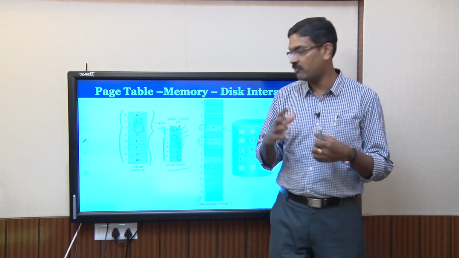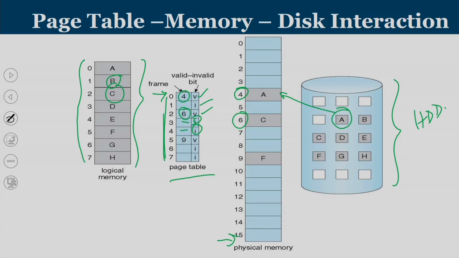There exists a frame, and this valid-invalid bit is going to help in this case. So once you get the frame number, that means the 0th page is now available in the 4th frame. The second page is available in the 6th frame, and the 5th page is available in the 9th frame. This is how the system works.